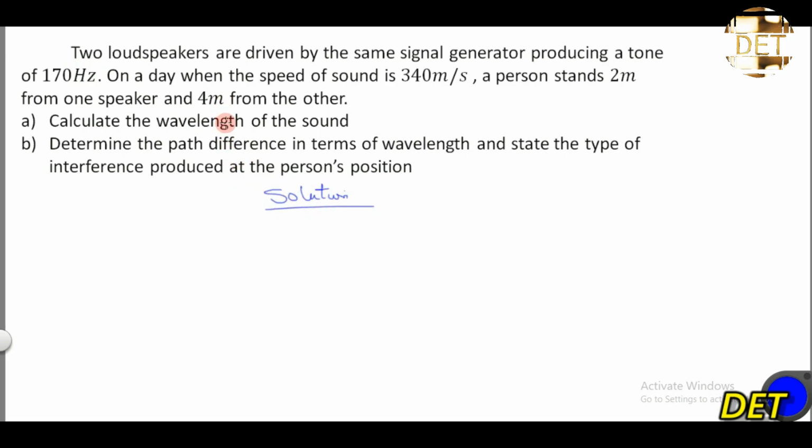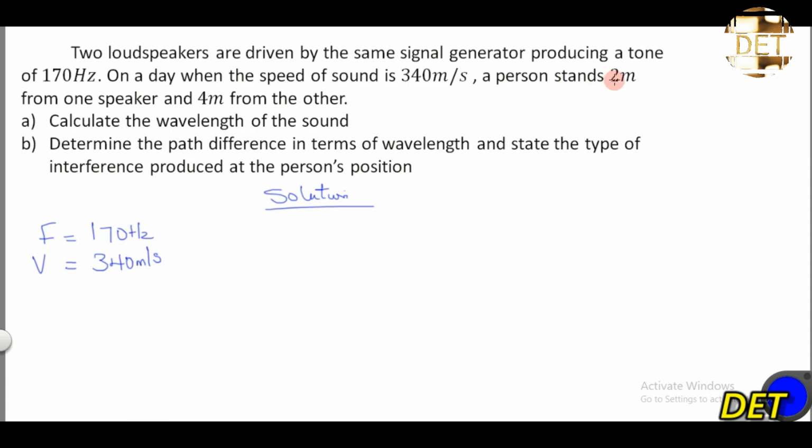This question is similar to the first one. Two loudspeakers are driven by the same signal generator, producing a tone of 170 Hz. So the frequency of the tone is 170 Hz. On a day when the speed of sound is 340 meters per second, so the velocity is 340 meters per second.